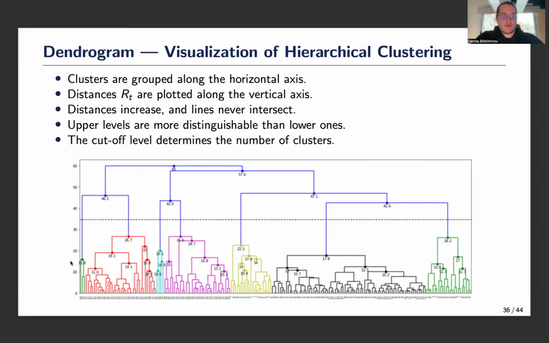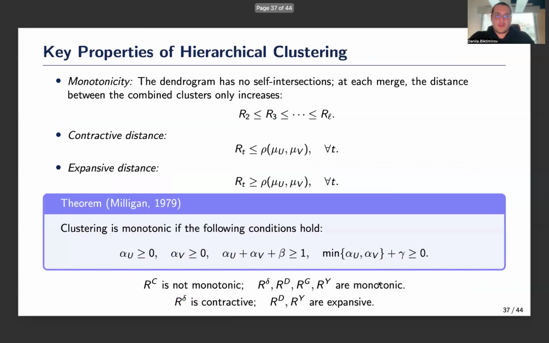It's not difficult to prove that if a clustering satisfies the monotonic property, then the dendrogram can be constructed without self-intersections. At the same time, any cluster from the set is represented as a continuous sequence of points on the vertical axis. Monotonic is when the distances between classes only grow and never go less.